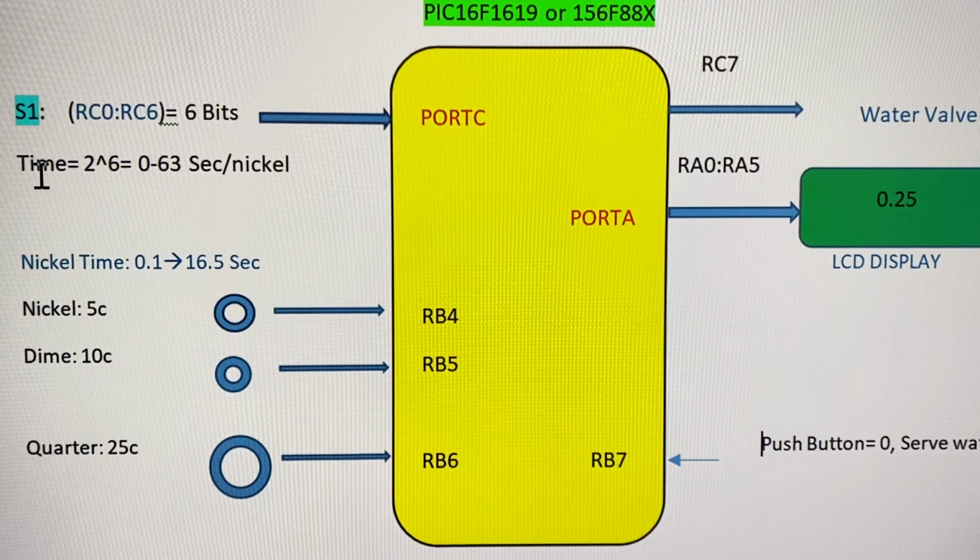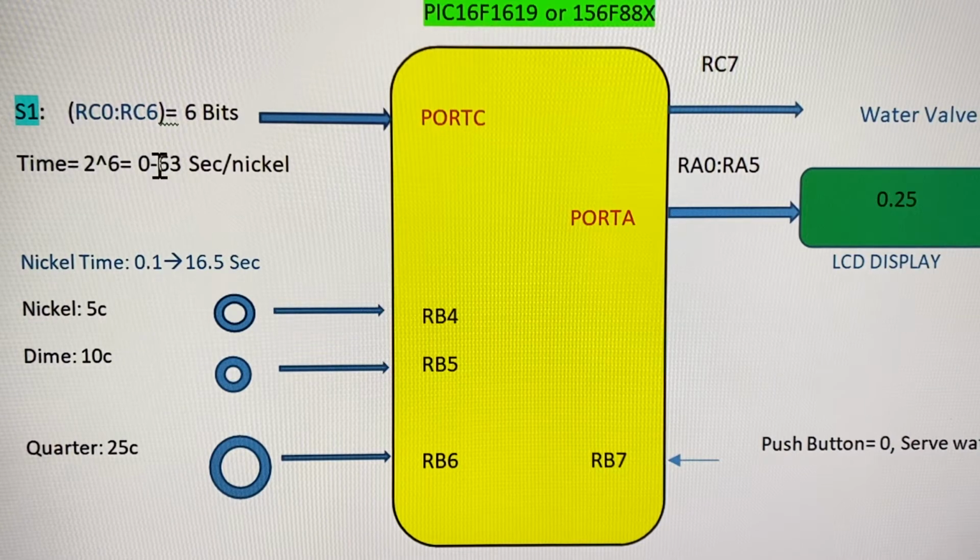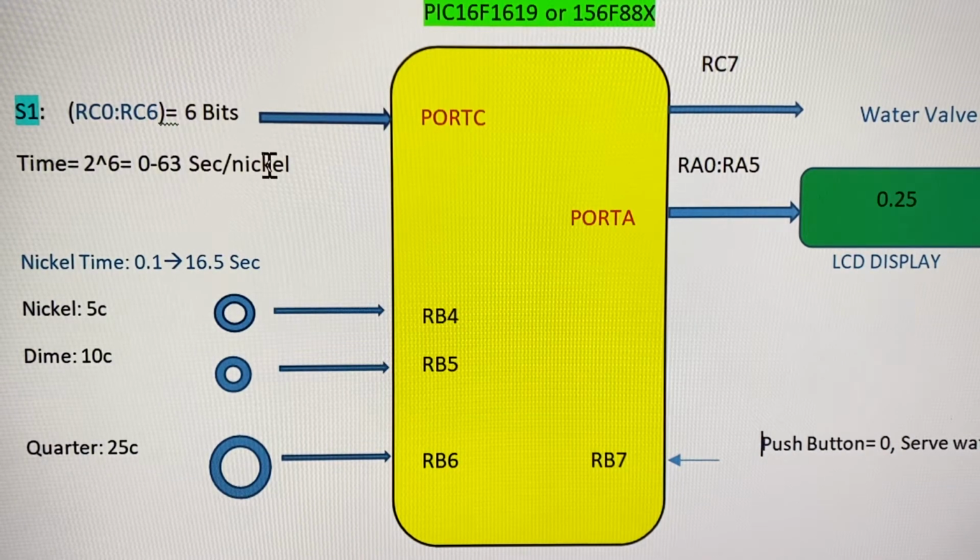Because we have 6 bits, 2 to the 6 is 64, so we have 64 different times starting from 0. And the maximum time will be 63 seconds for a nickel, which is a very big time.